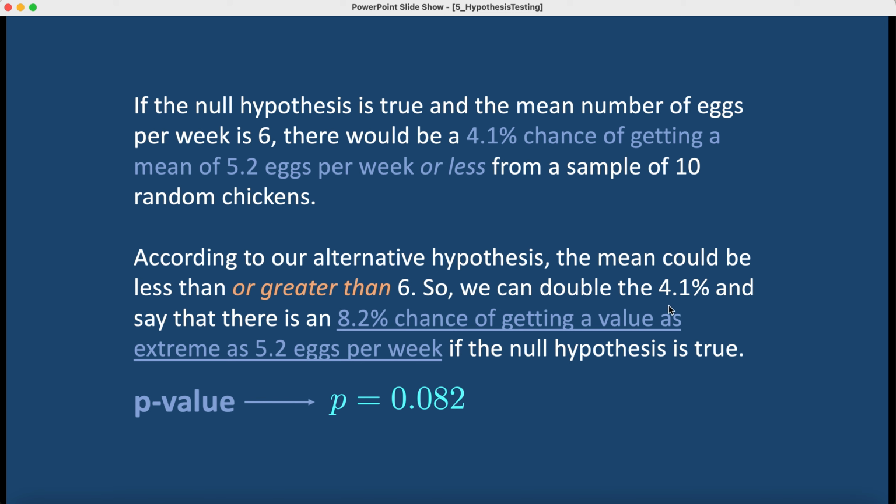So we double that 4.1, and that means there's an 8.2% chance of getting a value as extreme as 5.2 eggs per week. Our p-value is 0.082. We're just doubling the 0.041.